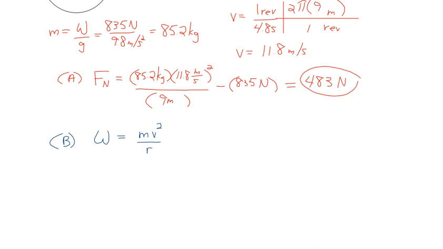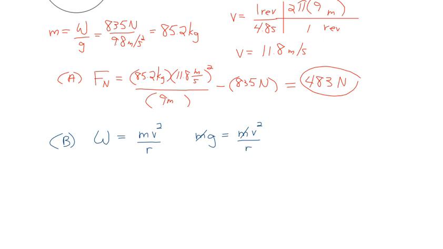Now I have the m already on the board, so I'm going to replace w with mg. And so the m's cancel out.